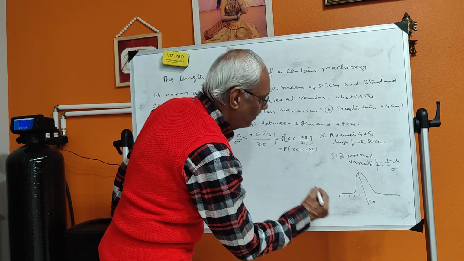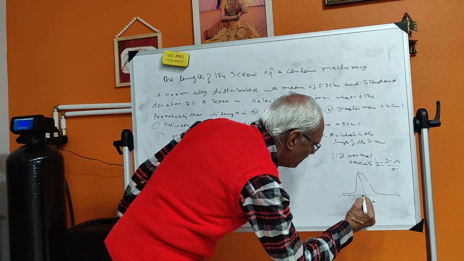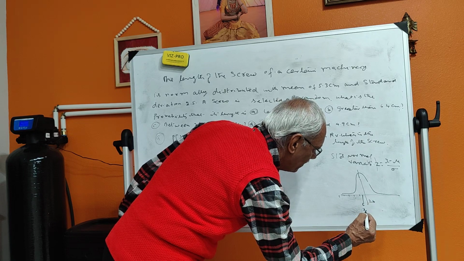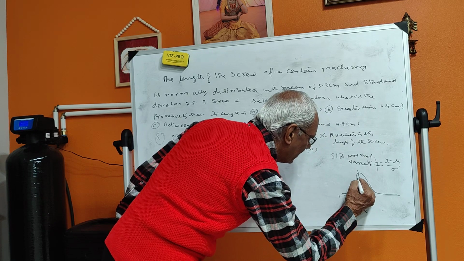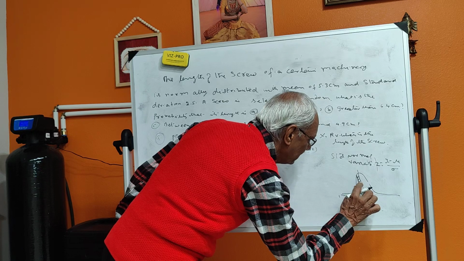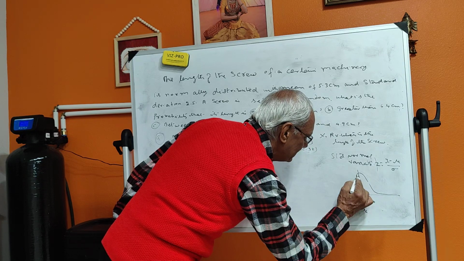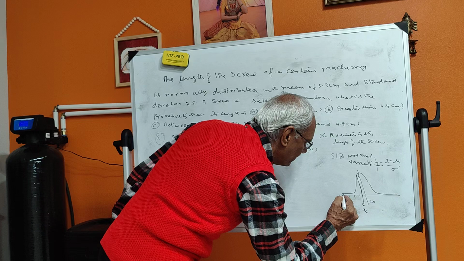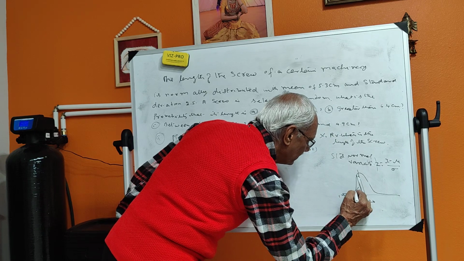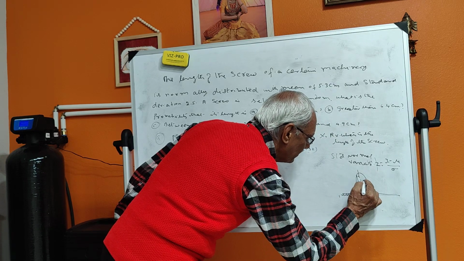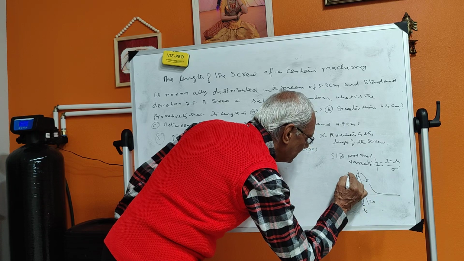So here we want 0.32; draw an ordinate like this. Since this is less than, this is our area, the area that we want. This is 0.5 and this is 0.5 area.